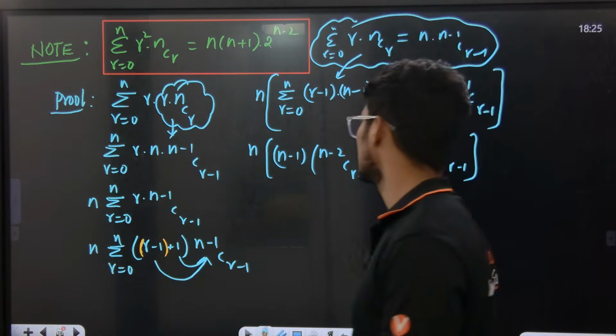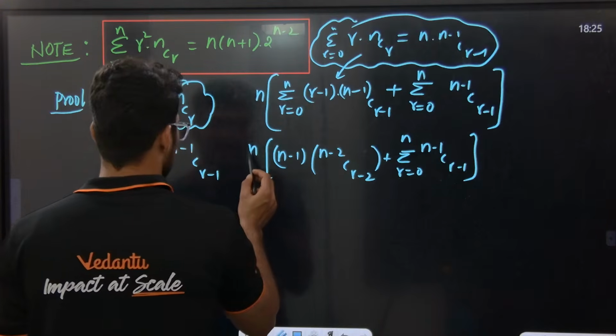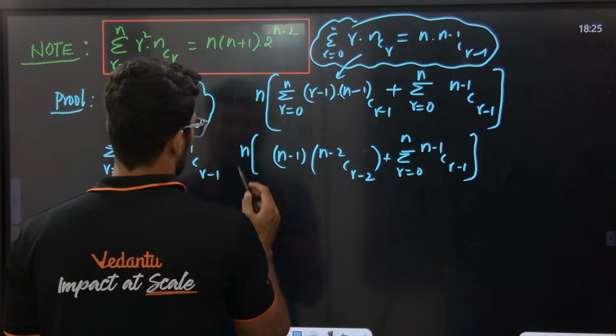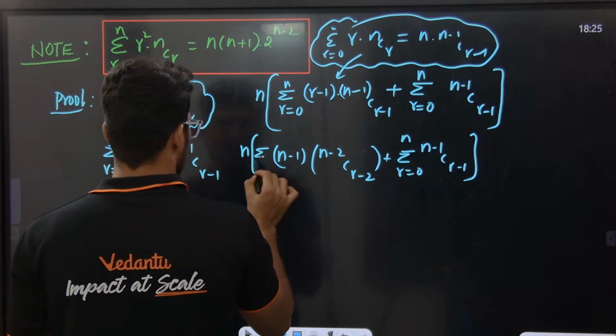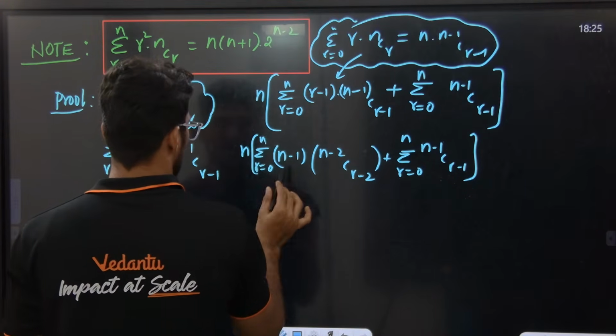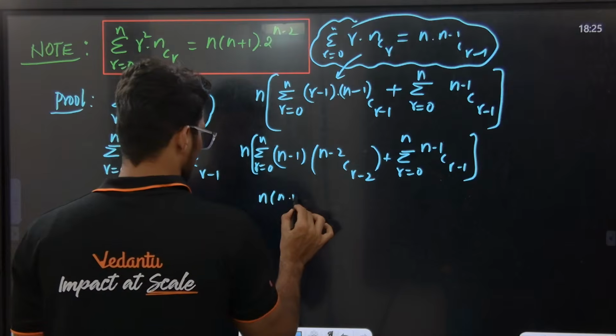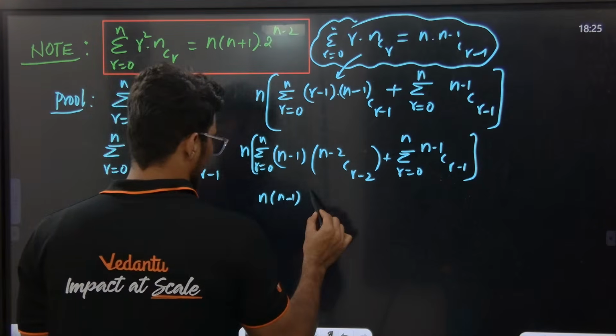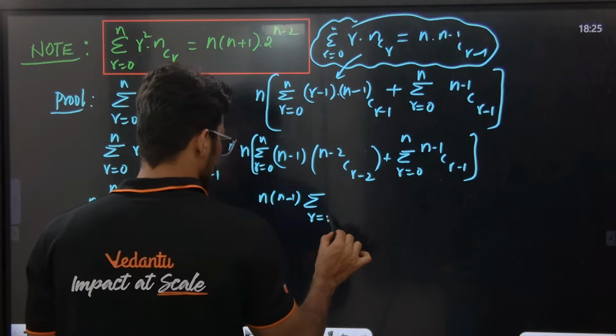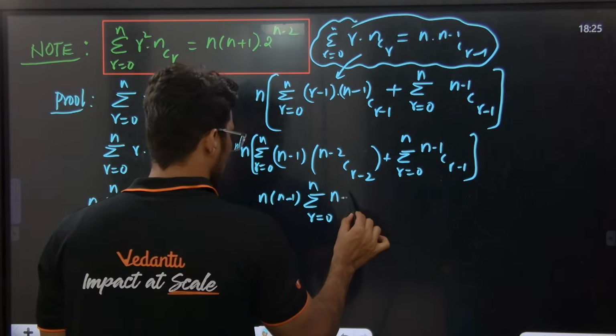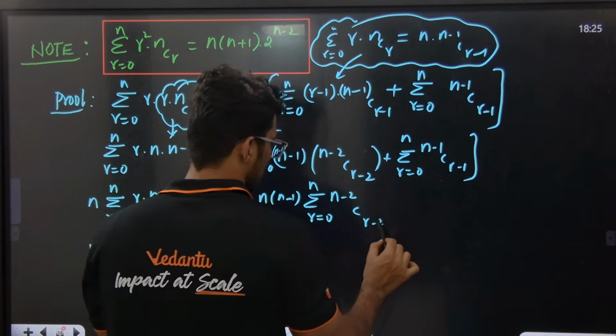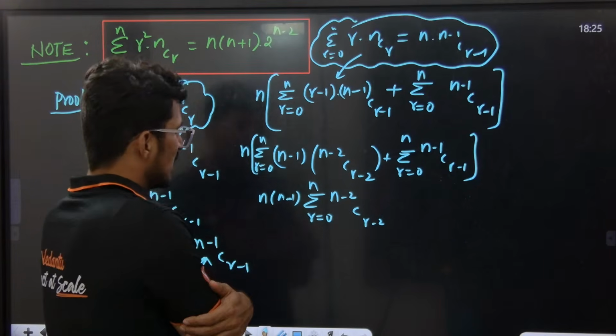Very good Siddharth. Listen, here sigma is there, sigma as it is, sigma r is equal to 0 to n. Now n into n minus 1 I am writing, n minus 1 I am writing outside. Okay, sigma r is equal to 0 to n, n minus 2 cr minus 2. Correct? Yes or no? Yes sir.